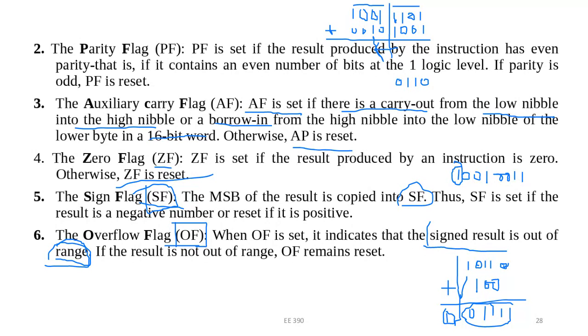I'm just telling you now that if the cases are with negative numbers, then overflow flag is similar like carry flag. During the carry flag, if there is a carry out from the MSB bit, it is one of the cases. That one is also the same here for overflow flag.